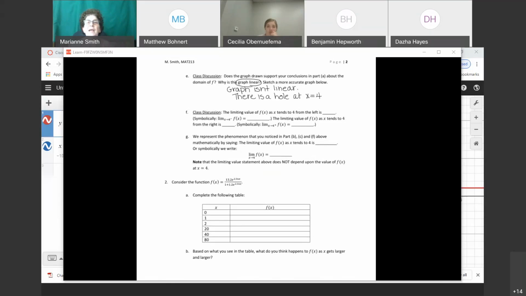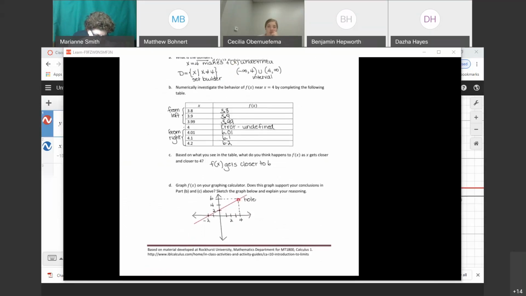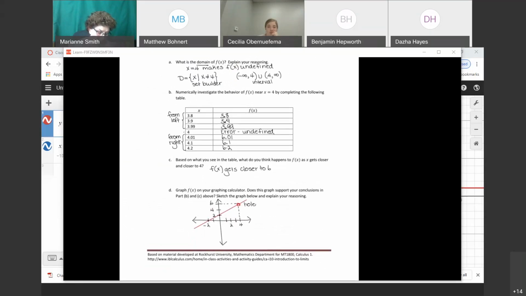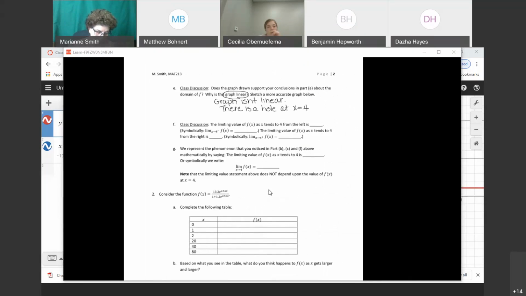So I drew the accurate graph in the last picture. And again, you can see it does support the idea that as I get close to 4 from the left, I'm getting close to 6 on my y value. So it does support what I said, and what the table showed me.